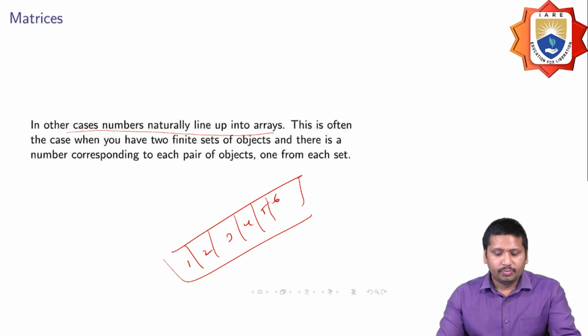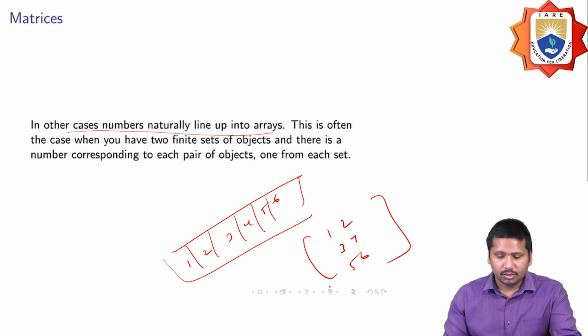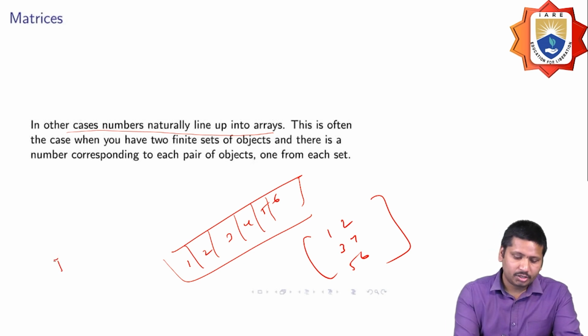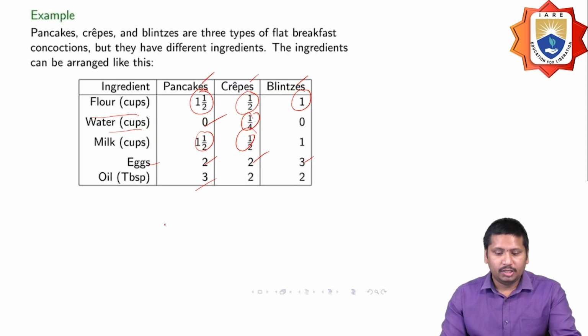A matrix is where these values are represented in the form of rows and columns like this, where we have matrix operations like addition, subtraction, multiplication, and some other things I can do on matrices also. Let's take the example.